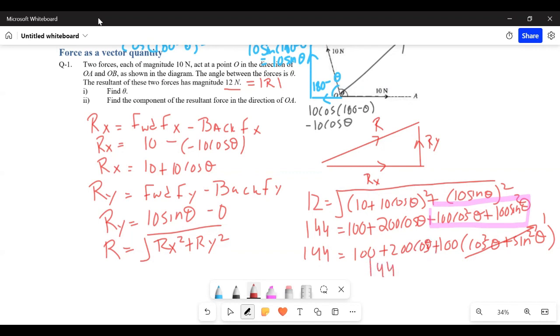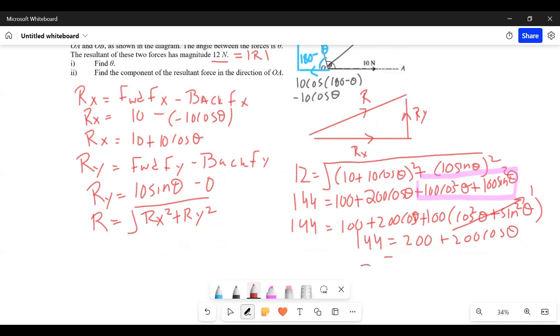So 144 equals 200 plus 200 cos theta. So we have negative 56 upon 200 equals cos theta. Sorry, it's 56, not 54. And then you take cos inverse of this, which gives theta equals 106.2.